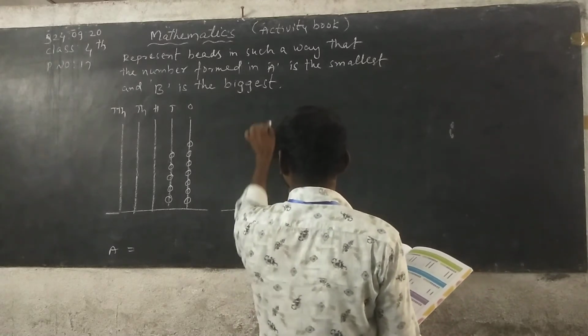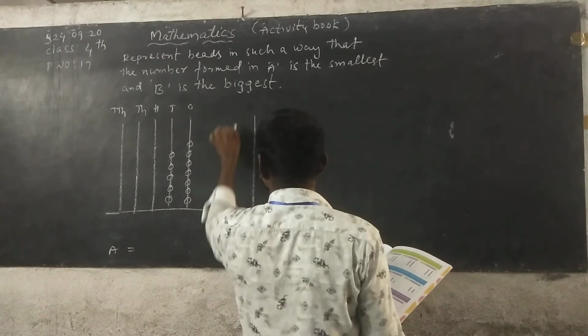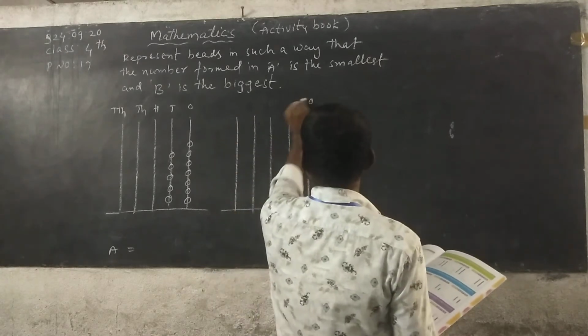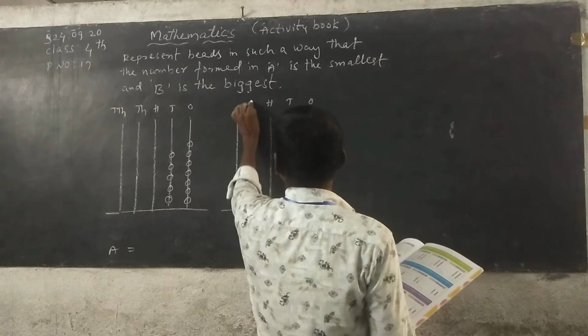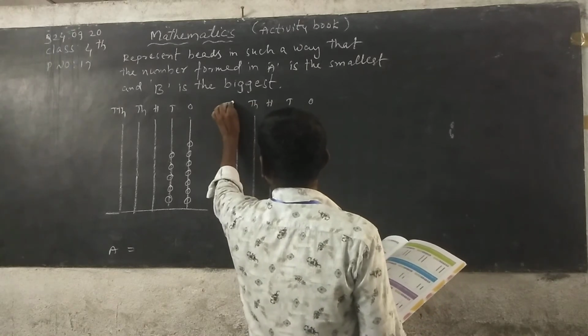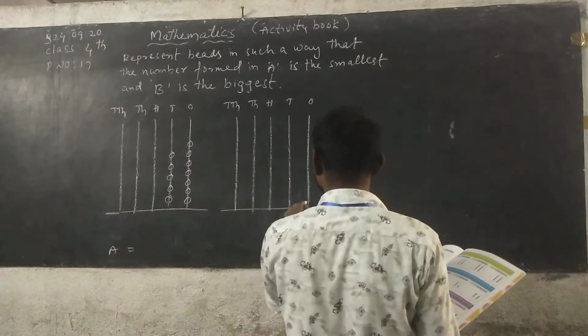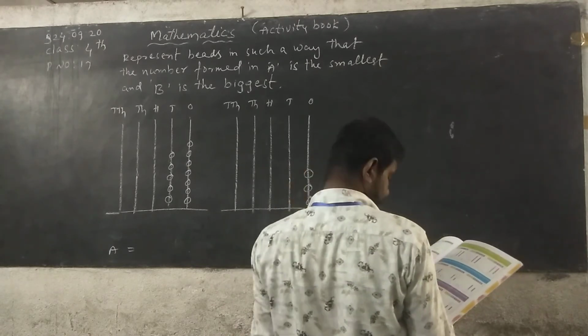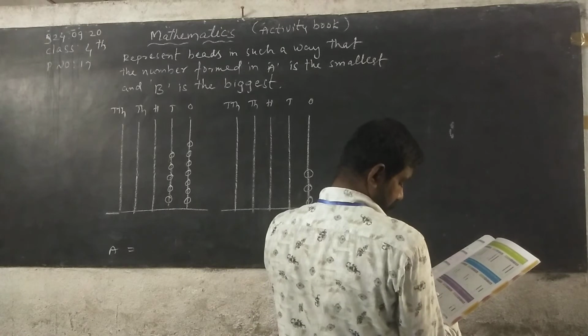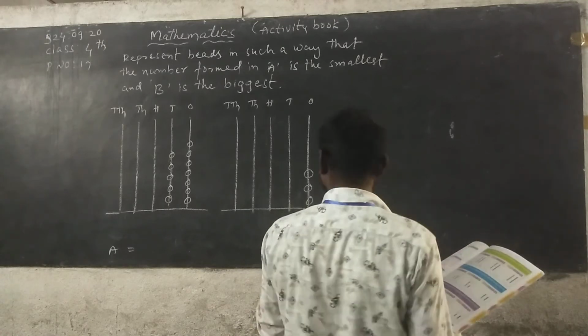Ones, tens, hundreds, thousand, 10,000. One, two, three. 1, 2, 3, 4, 5, 6.